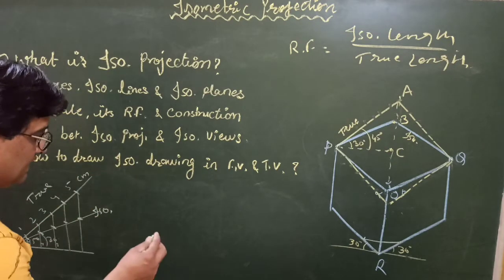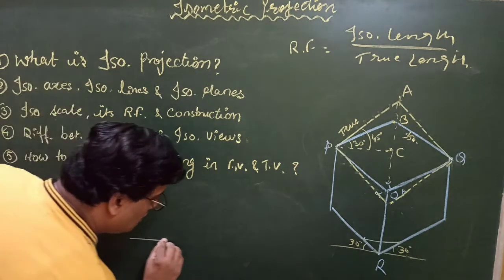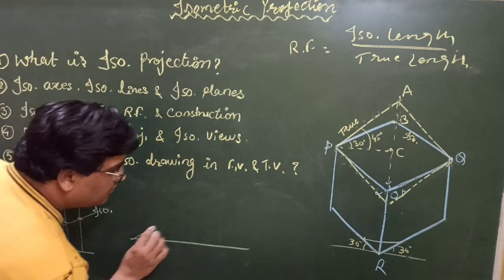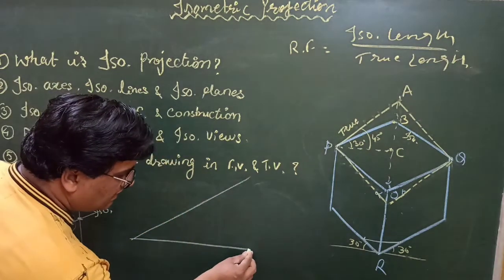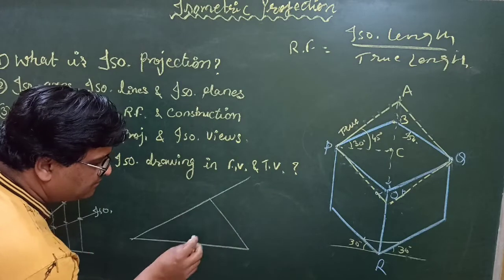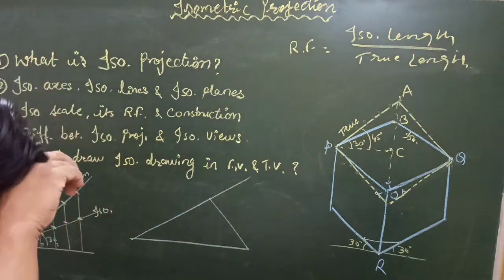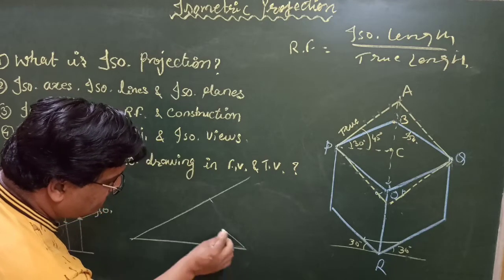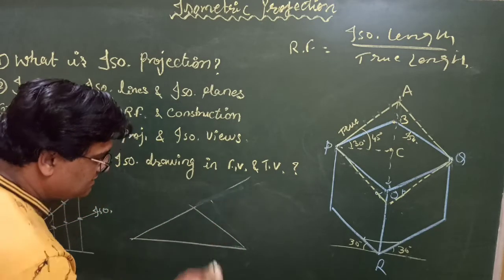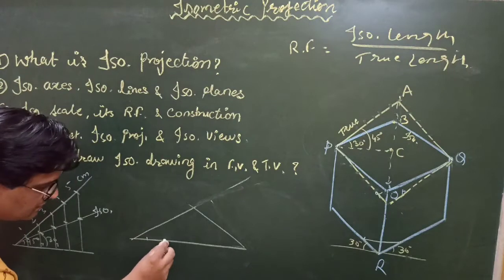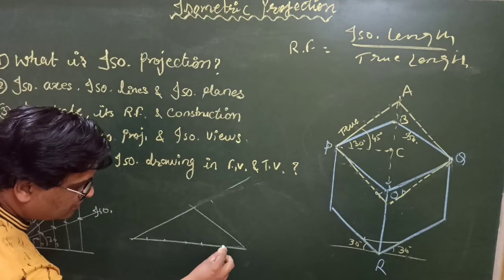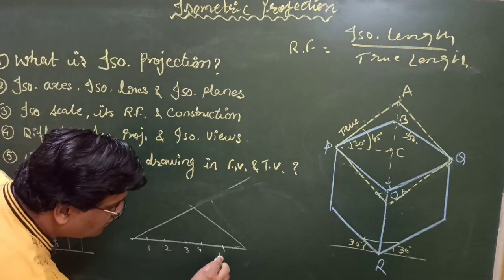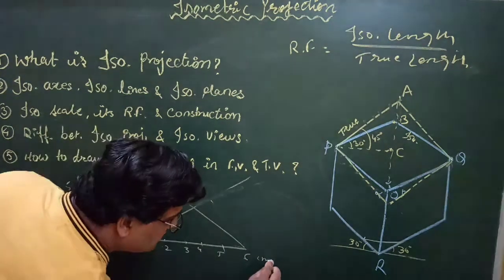And to cut on the isometric projection. In the second method, we draw one horizontal line, one line at an angle of 30 degrees, and another line at an angle of 45 degrees. So 45 nearly here, like this, and these are the true distances 1, 2, 3, 4, 5 and say 6 centimeters.